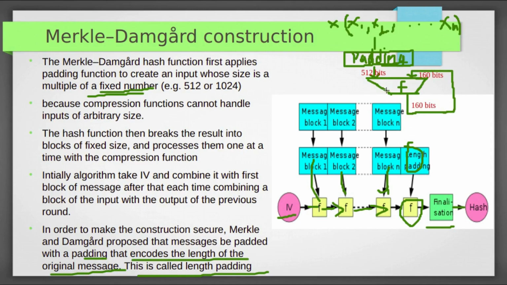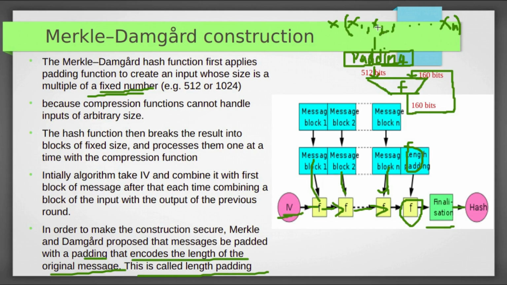You can imagine this like this diagram. This is our longer message that can be divided into x1, x2 up to xn. Then you need to apply padding. This compression function will take the first block as input and another input, the initial vector, and it will produce a fixed length output, let's say 160 bit.